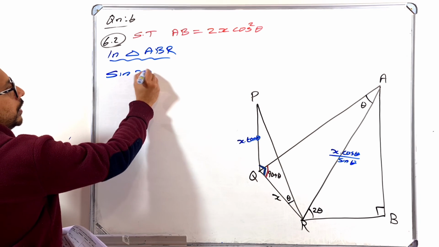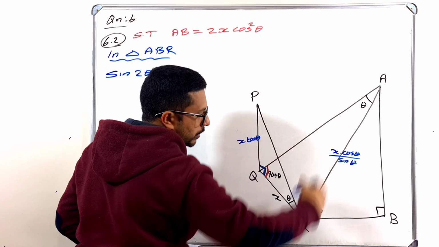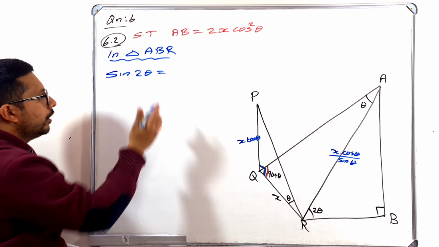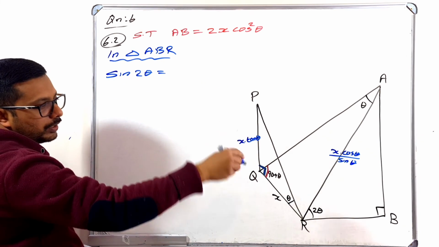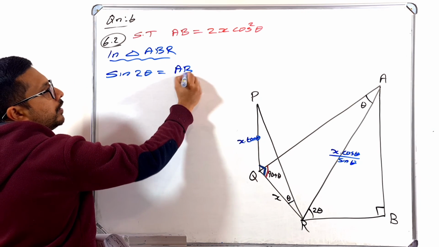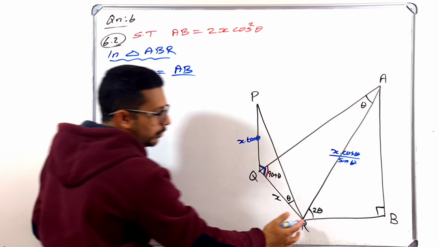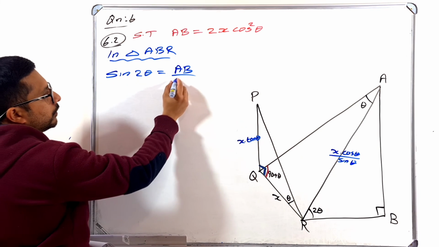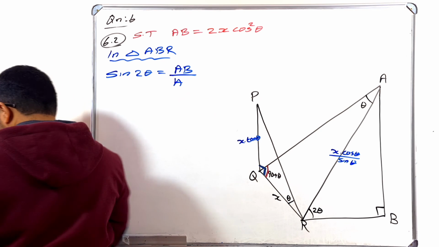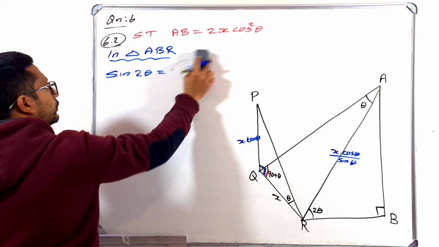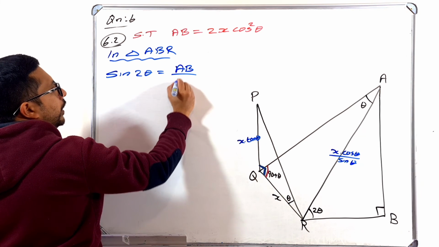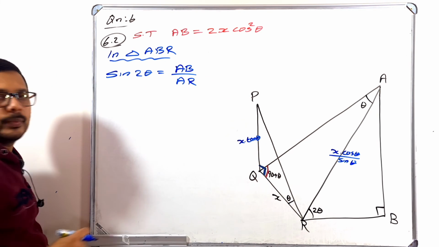Sine 2 theta is equal to, I am going to consider this triangle. Sine theta definition is opposite side by hypotenuse. The opposite side of the 2 theta is AB. So it is AB divided by hypotenuse. Hypotenuse is this one, X. Let me write first letters AR. AB over AR, opposite side by hypotenuse.